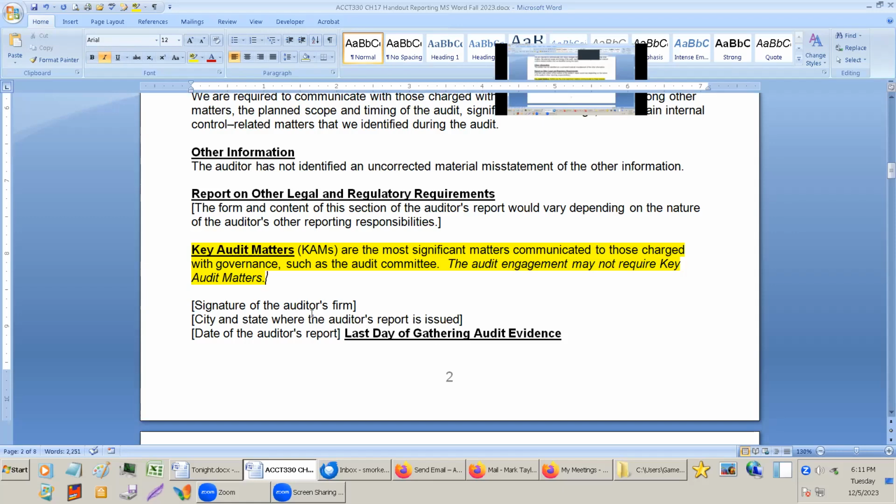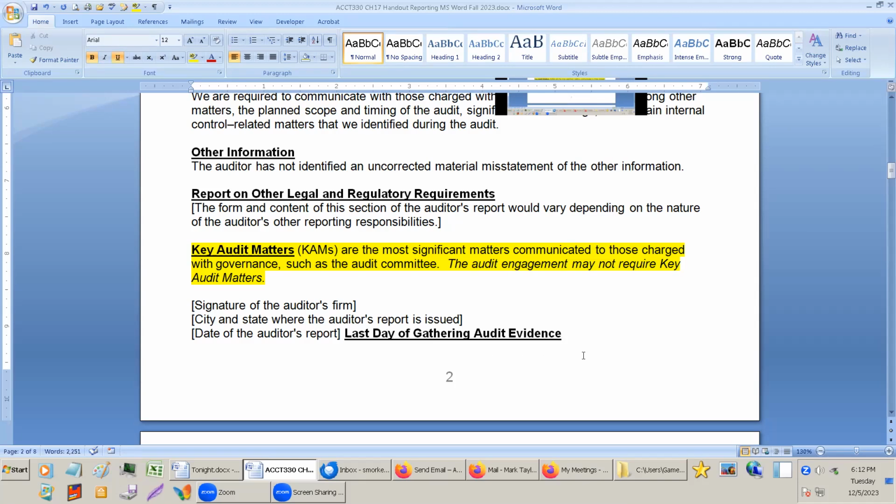So if you stop gathering evidence on February 3rd, whatever, that would be the date of your audit report. So it's the last date that you're gathering evidence. And the general rule is you're not responsible for anything that happens after that date.